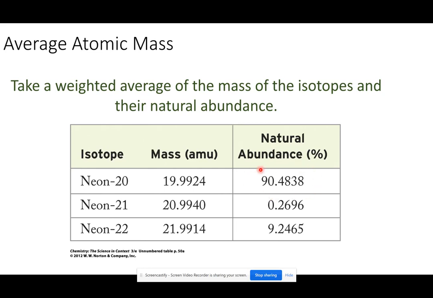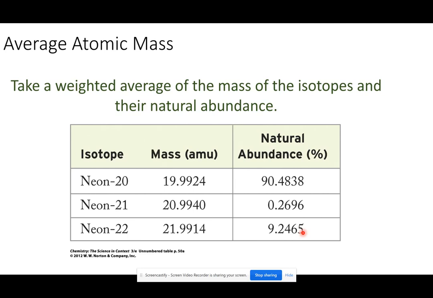90% of the time, I will pull out a neon-20 isotope, 10 protons, 10 neutrons. Going down to the bottom here, 9% of the time, I'll reach in and I'll pull out neon-22.